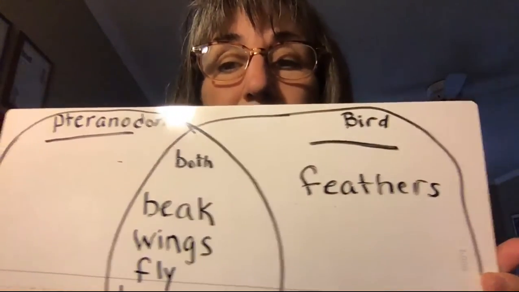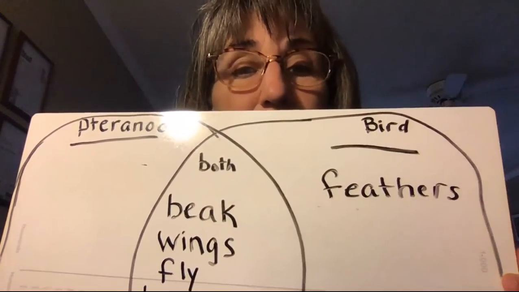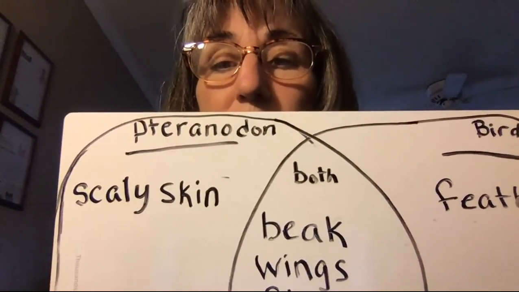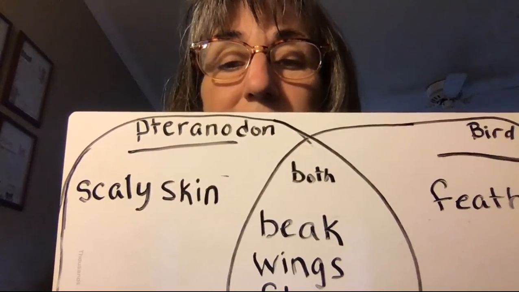Just like that. Pteranodon did not have feathers. The pteranodon has scaly skin. S-C-A. Scaly skin. Double check my spelling to make sure I had scaly right. So the pteranodon has scaly skin.